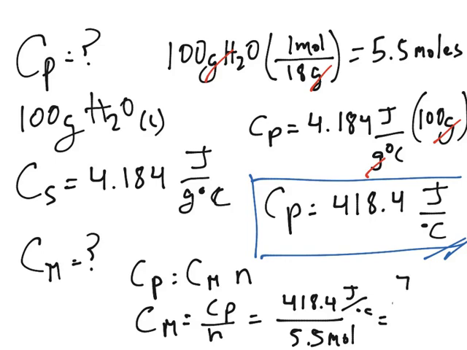So we got 75.38 joules per mole degrees Celsius, because it's molar heat capacity. And that is pretty much all you will see about heat capacity, except when we get to the future stuff, calorimeters and that. But that's it for heat capacity.